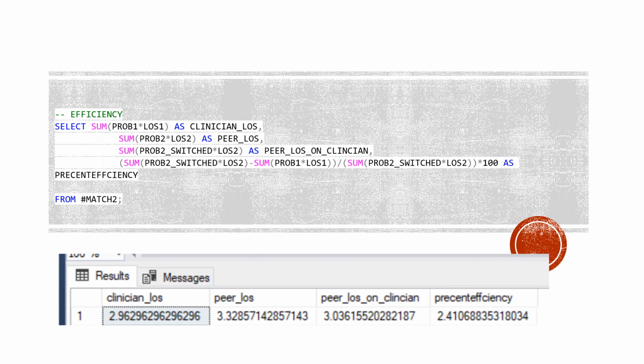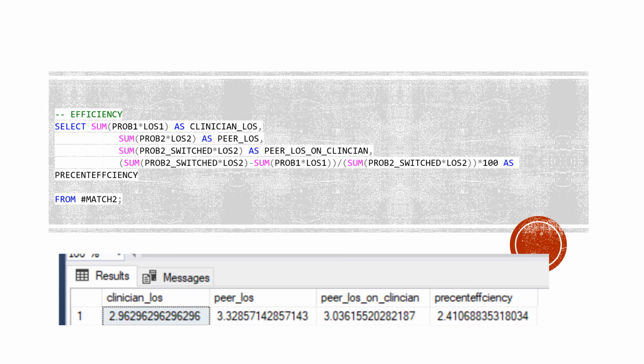Now we can answer the question. To calculate the clinician length of stay, I simply multiplied the probability of observing that patient type by the length of stay, and that's 2.96. Then I calculated, just to see what's going on, the peer side. What would they do on their patients? They're 3.32. And then what I did was calculate the peers on clinicians.